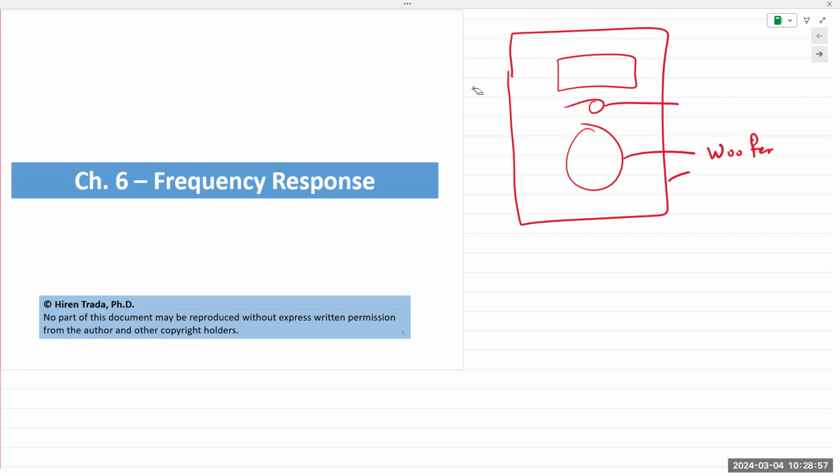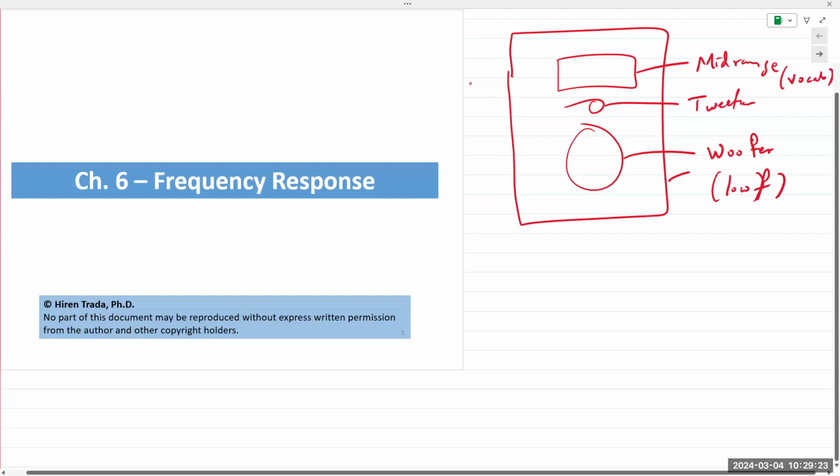What's the answer? What is the small one? Tweeter. And this one is for mid-range. Woofer reproduces low frequencies. The loud thumping bass sounds that you hear in the music or in movies, right? Vocals, mid-range are vocals.